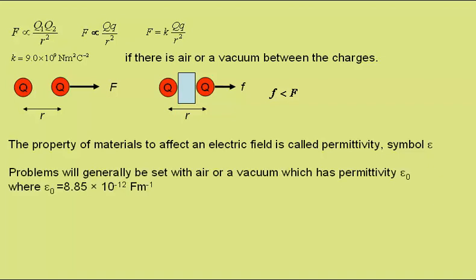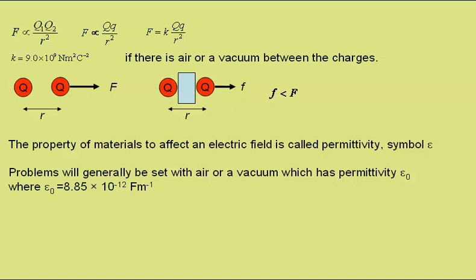Problems will generally be set with air or a vacuum, which has a permittivity of epsilon naught, written like this, and epsilon naught has the value of 8.85 times 10 to the minus 12 farads per meter. You don't need to be aware of what farads are at this stage.